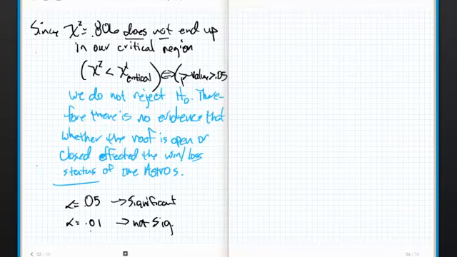If you have alpha equals 0.05 and your z, t, or chi-squared value is not anywhere near the critical region, then there's no way this thing's going to get pitched out. But if you have something in between, and you picked alpha equals 0.01 to start your research, and then all of a sudden you want a significant result, but it's not significant at alpha equals 0.01, but it is significant at alpha equals 0.05. Well, if you've got hundreds of millions of dollars on the line in grants, you might be tempted to fudge the data a little bit.